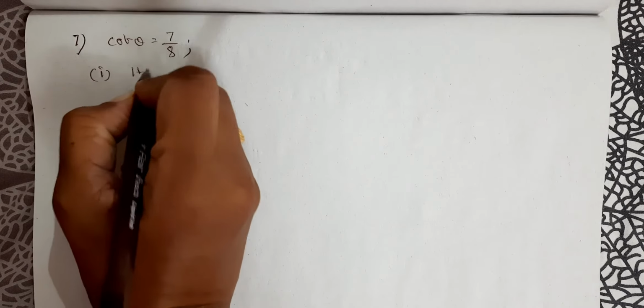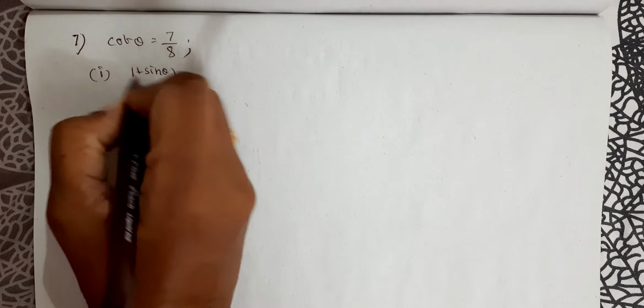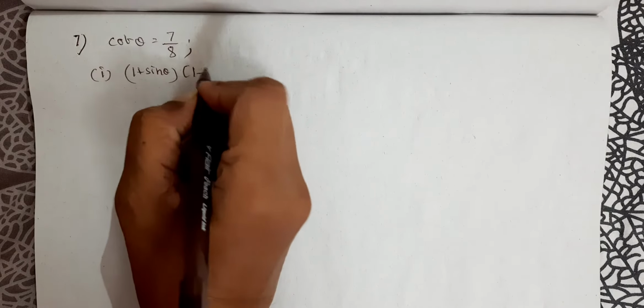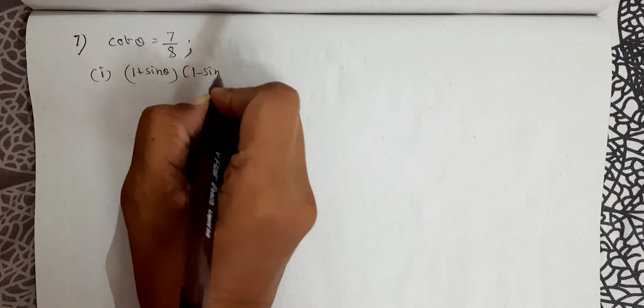So we need to evaluate (1 plus sine theta)(1 minus sine theta) divided by (1 plus cos theta)(1 minus cos theta). So this is what we need to evaluate. What is necessary first?